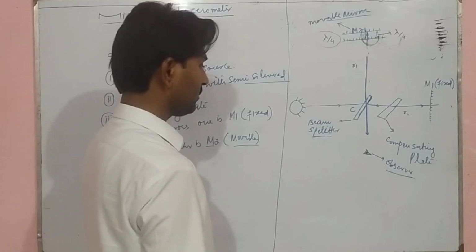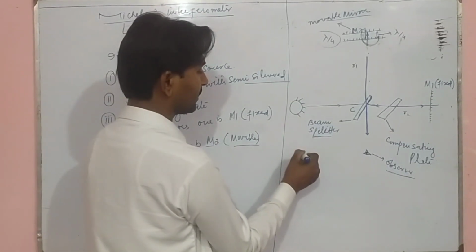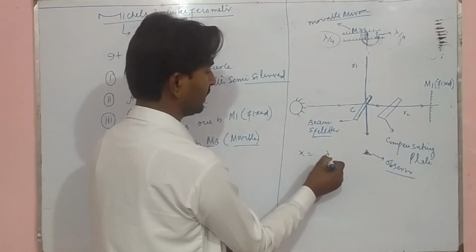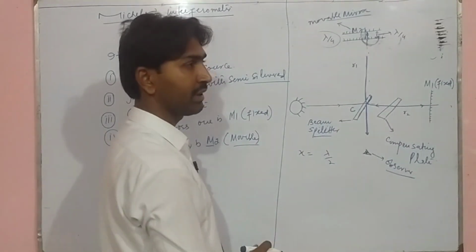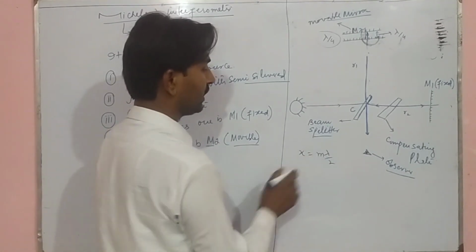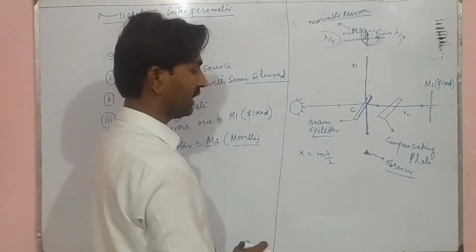Let's say the path difference is x, and the number of fringes formed we can write as m, where m may be any number.